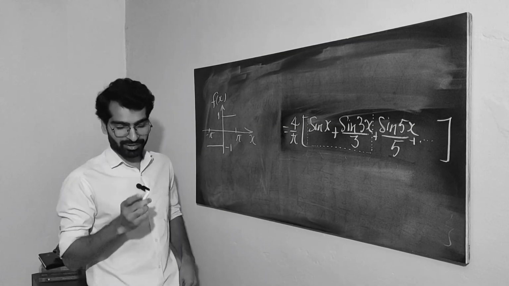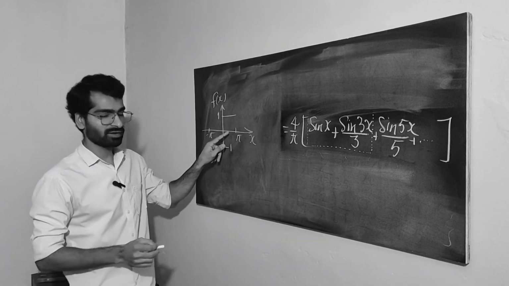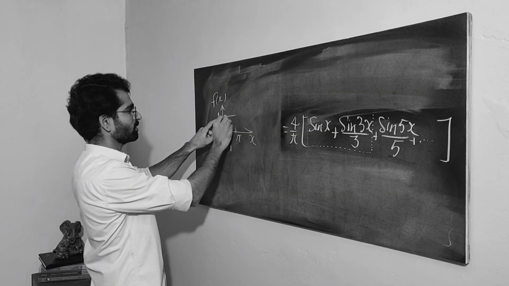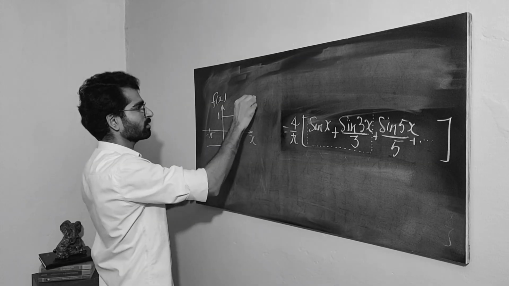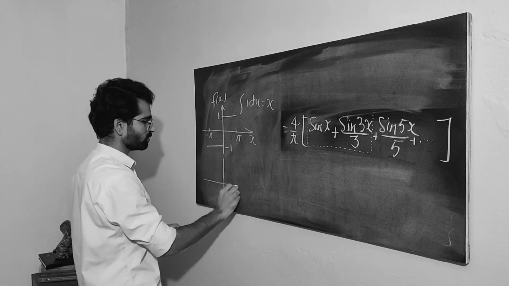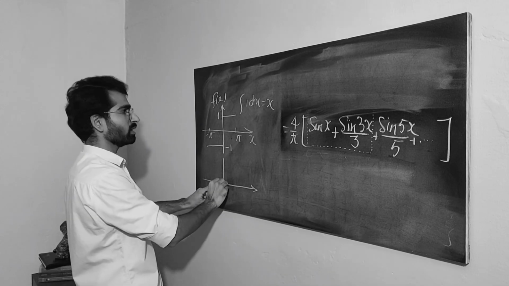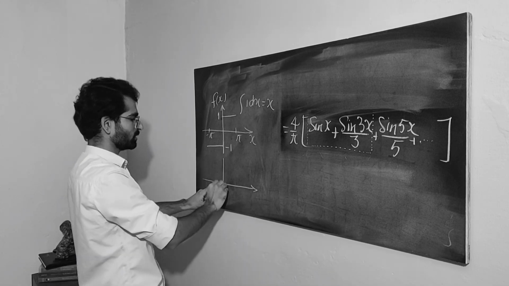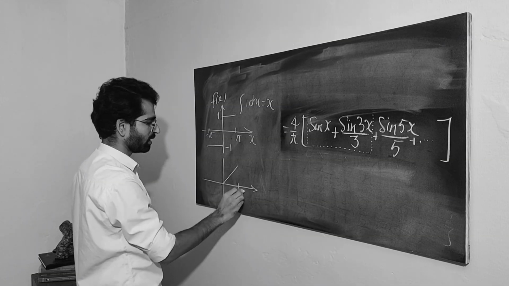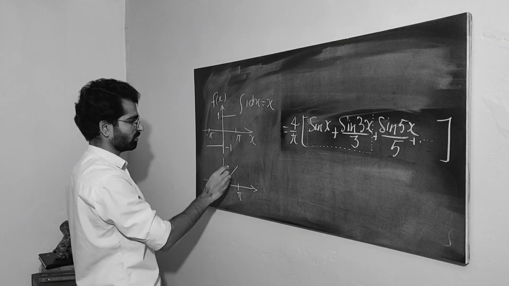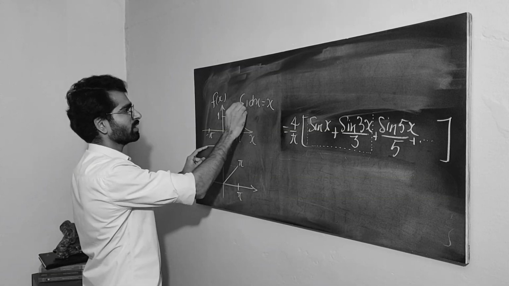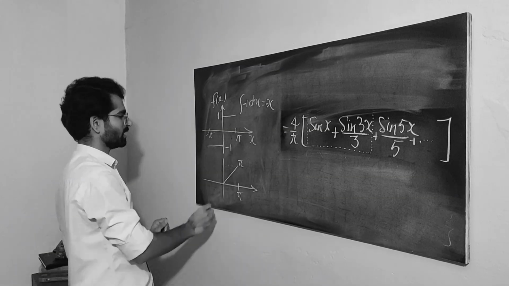What I can do now is I can take the integral of this function, and so when I take the integral of that, what's the integral of 1? Well, it's x. So I can draw you the integral function. It's x from 0 to π. This is how it will go. So this is π, and this height will be π, and I can do that here too. When I take -1, it gives me -x.